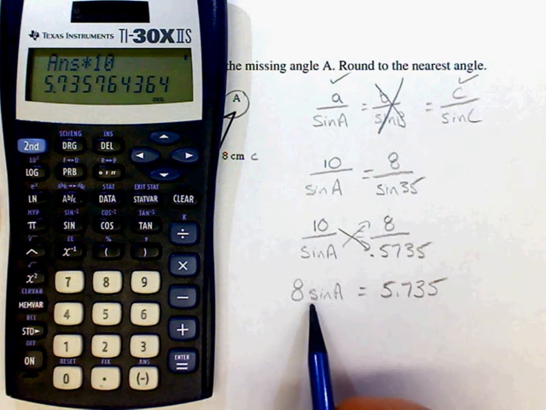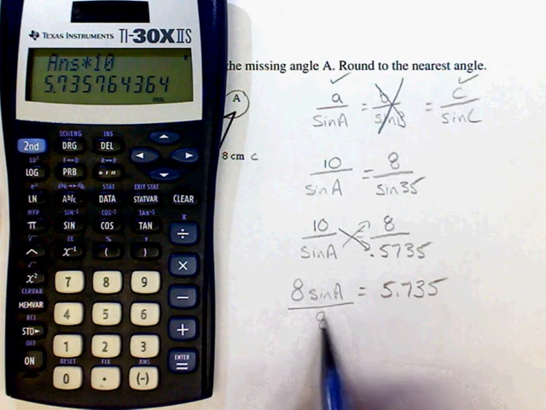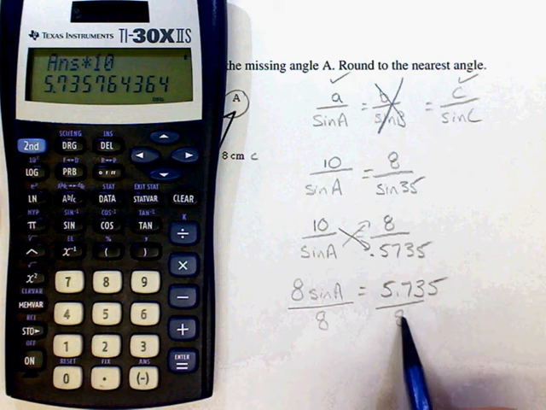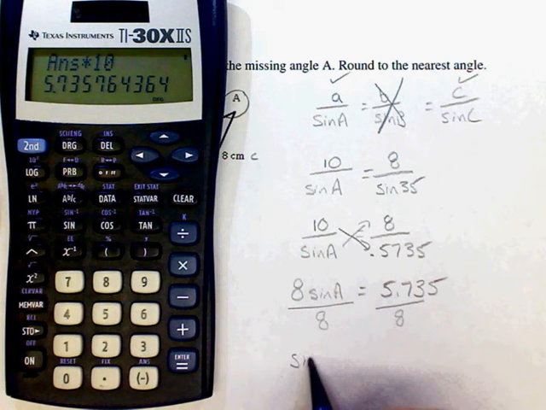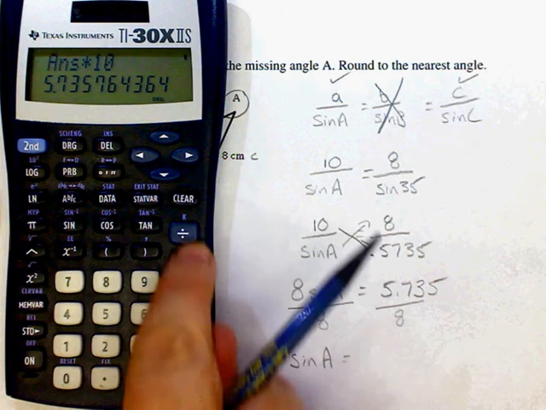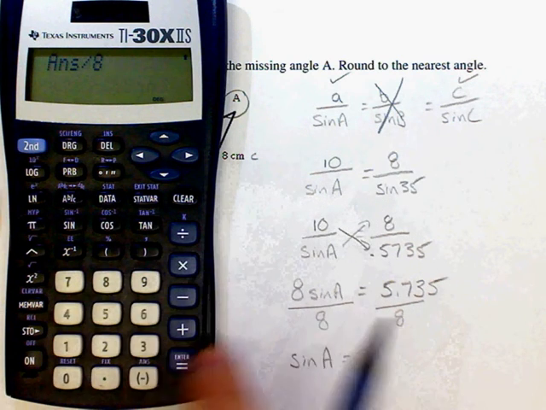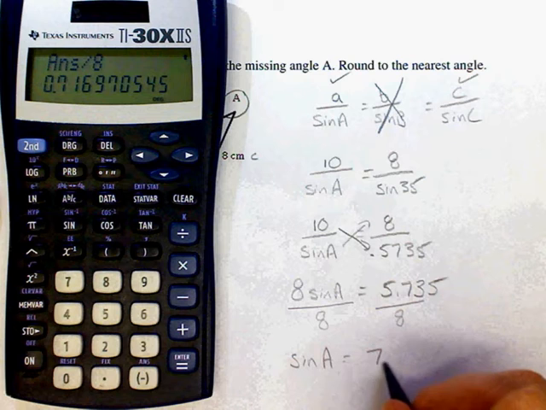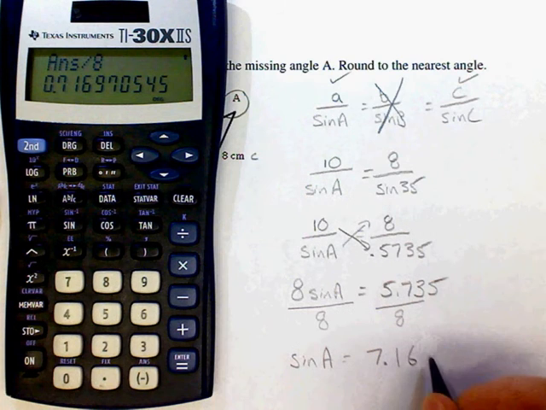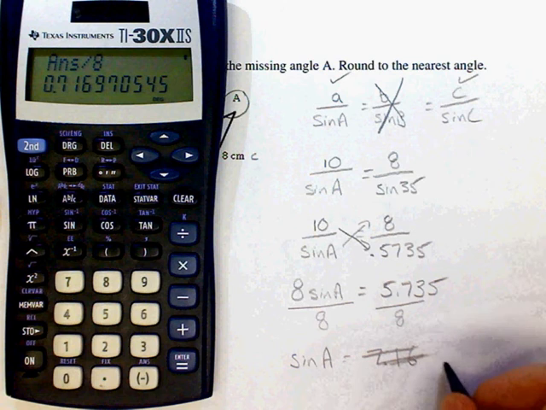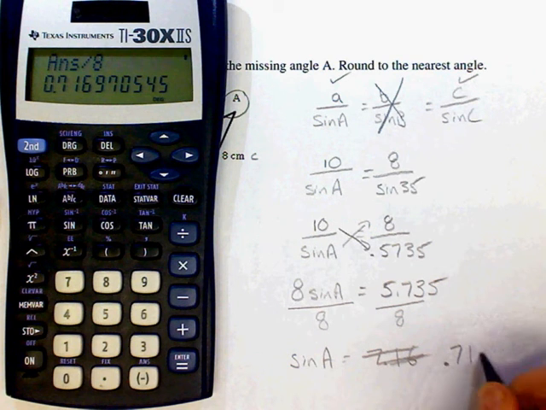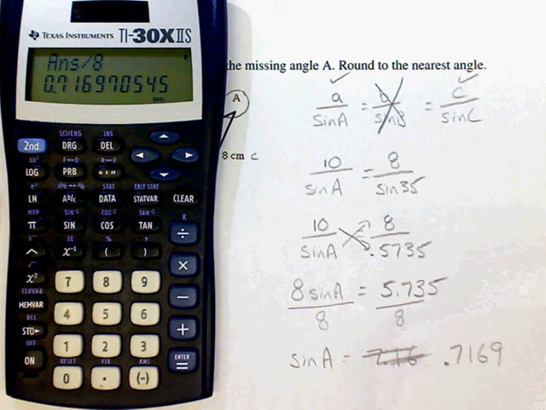I'm going to divide both sides by 8. And the sine of A is going to be 5.735 divided by 8, 0.7169.